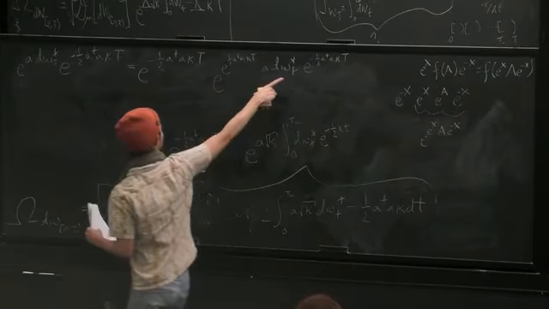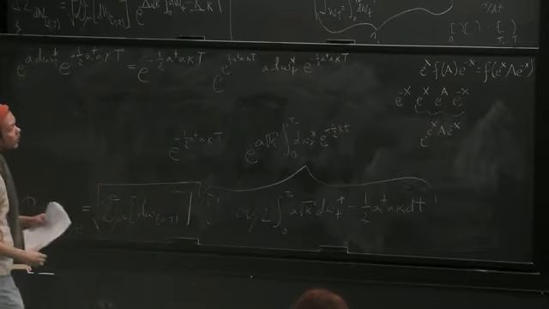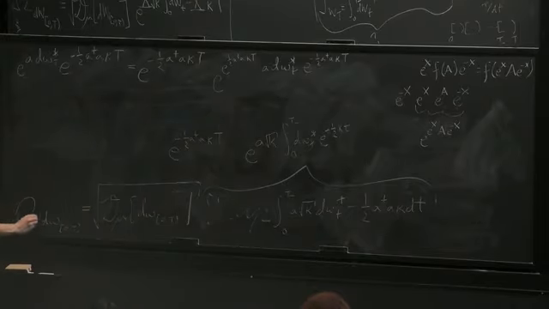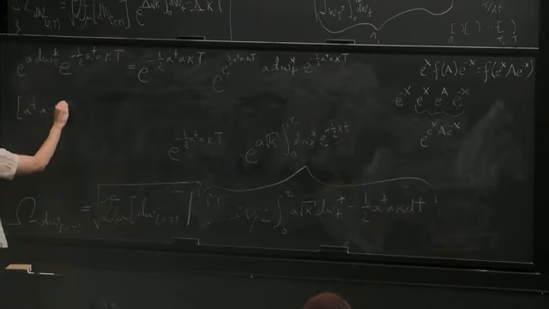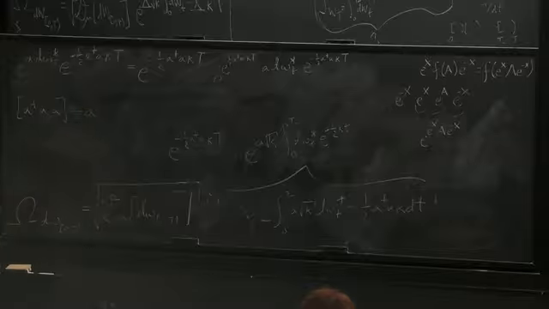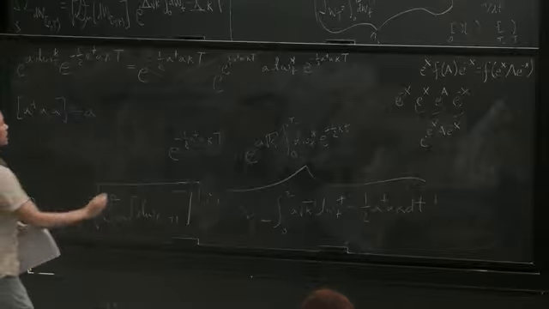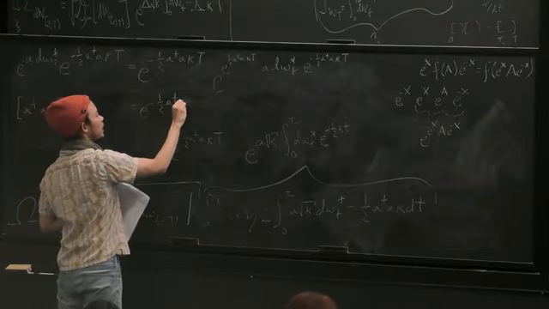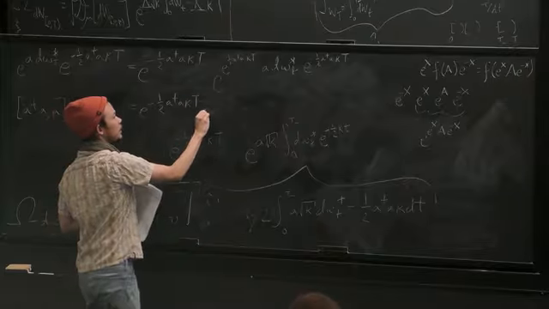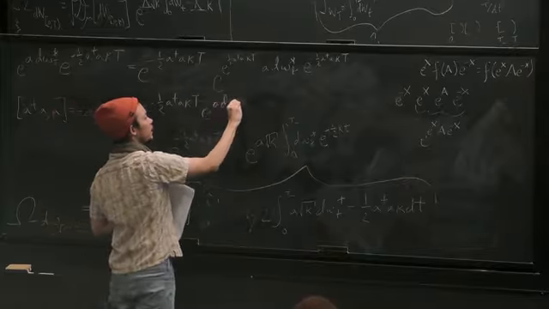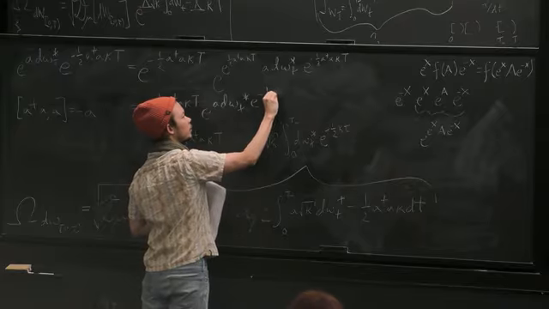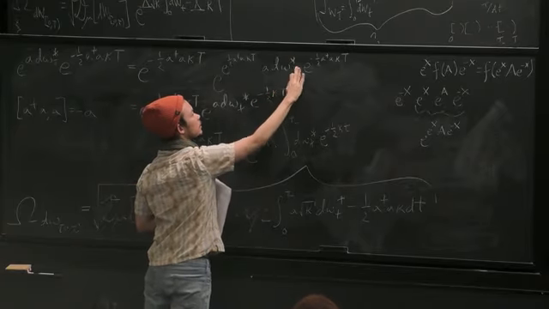Okay. And then that is not hard to do, right? Because the commutator of A dagger A with A is just minus A. Okay, so then this thing is just e to the minus half, A dagger A, kappa T, e to the A, d omega T star, e to the minus half, kappa T. Sorry, Mike.